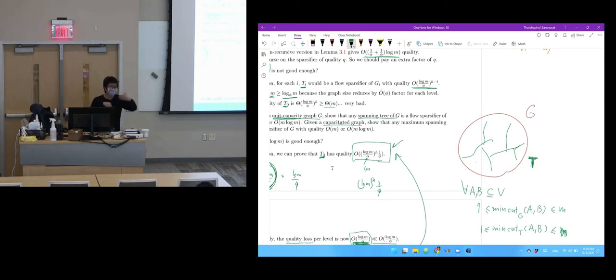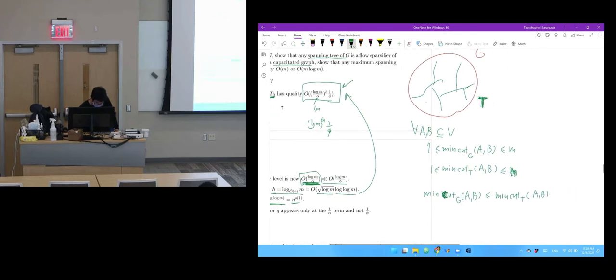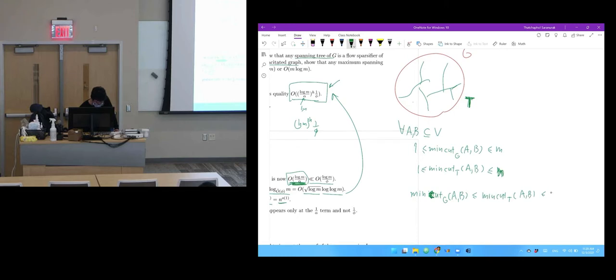So they must be within an m factor. What we actually want in the definition is that min cut in G is less than min cut in T, less than m times min cut in G.